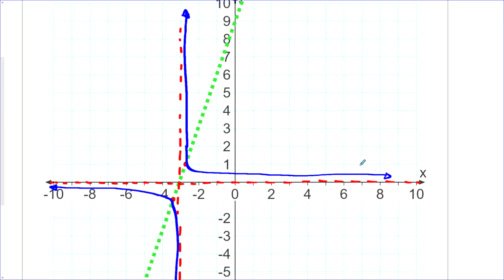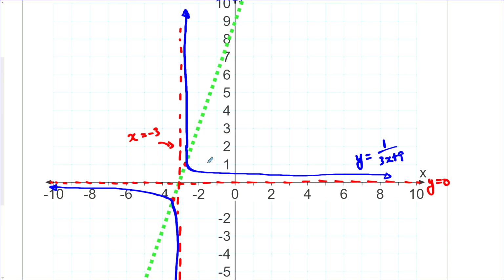So there's the graph of the reciprocal, y equals 1 over 3x plus 9. The equation of our horizontal asymptote, that would be y equals 0. The equation of our vertical asymptote in this one, that would be x equals -3.